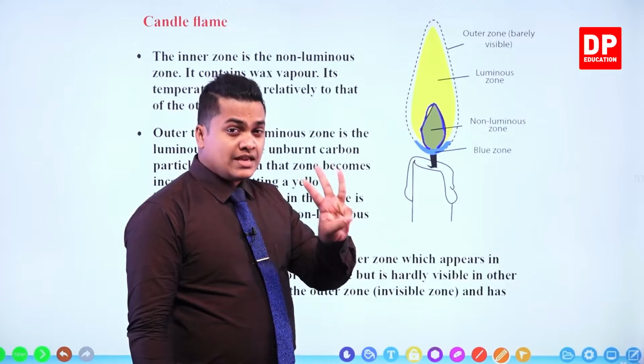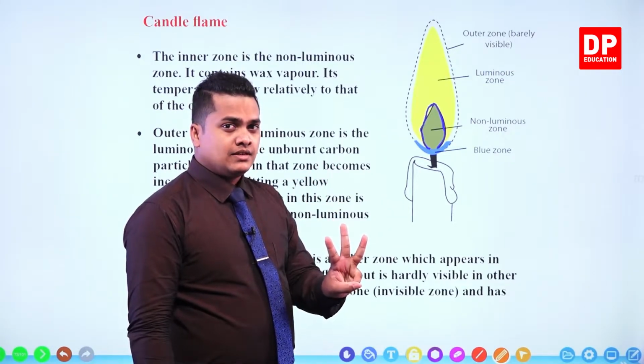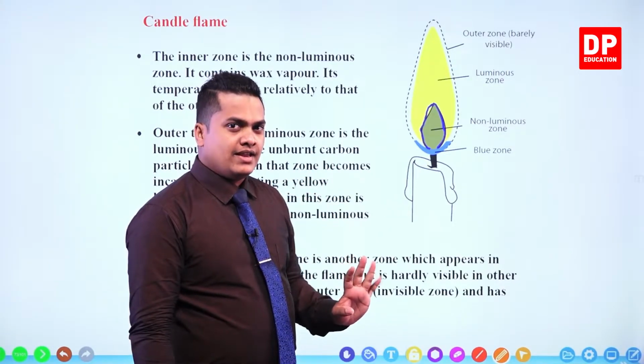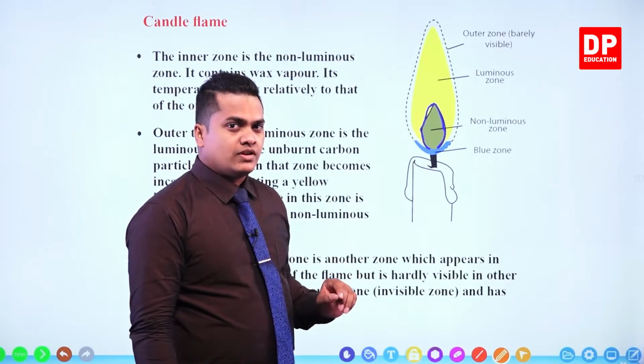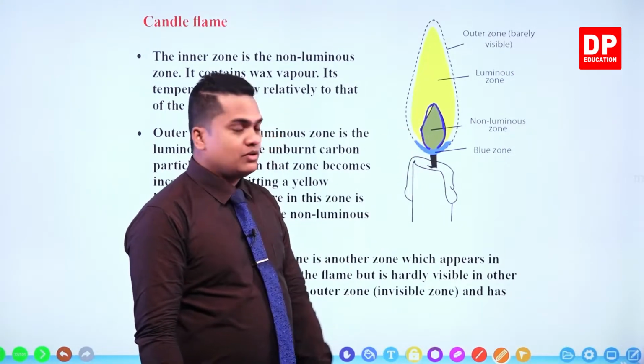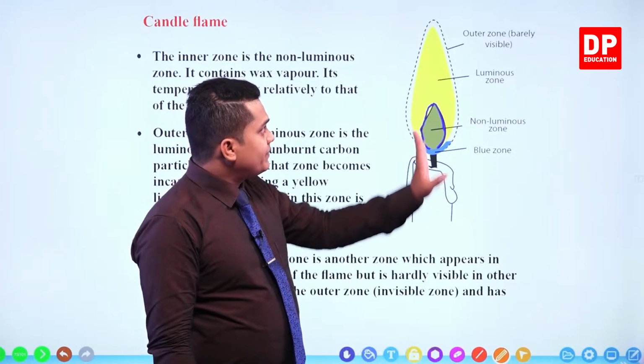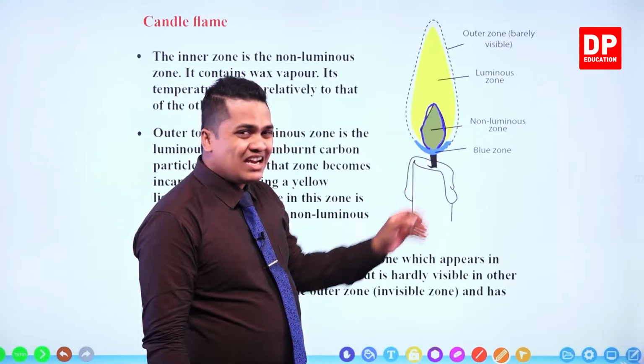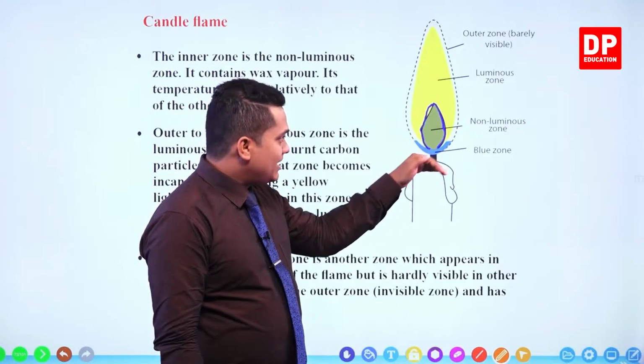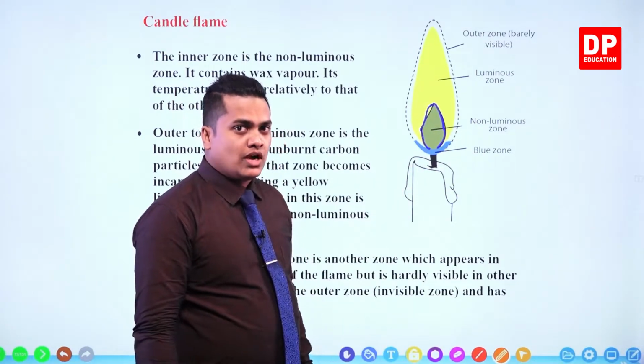We can observe three main areas, and within them there is another area referred to as the blue zone. The three areas include the outer zone, which is barely visible to our eyes, but its base is very visible in blue color.